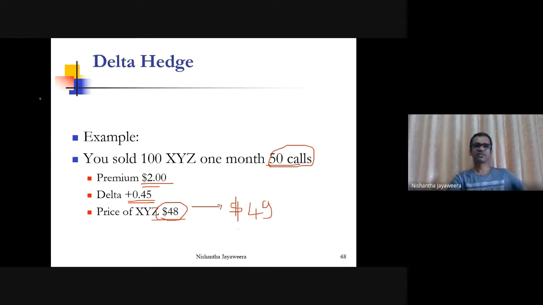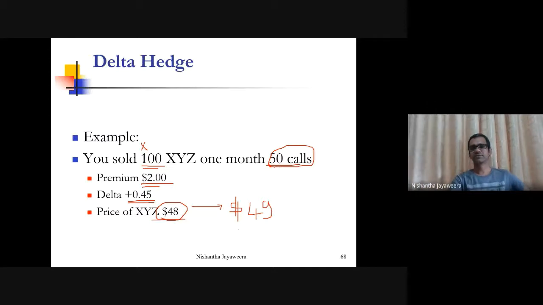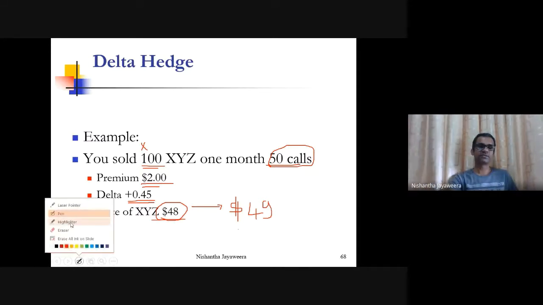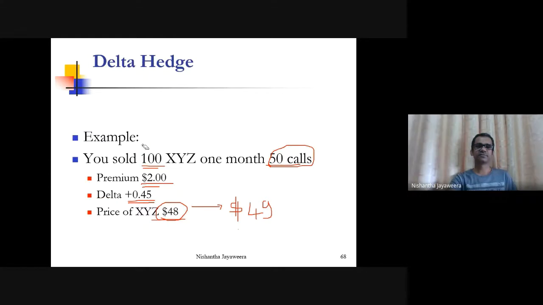Now you have sold 100 call options. Sorry, yes, you have sold 100 options with the strike 50. That's what it says.